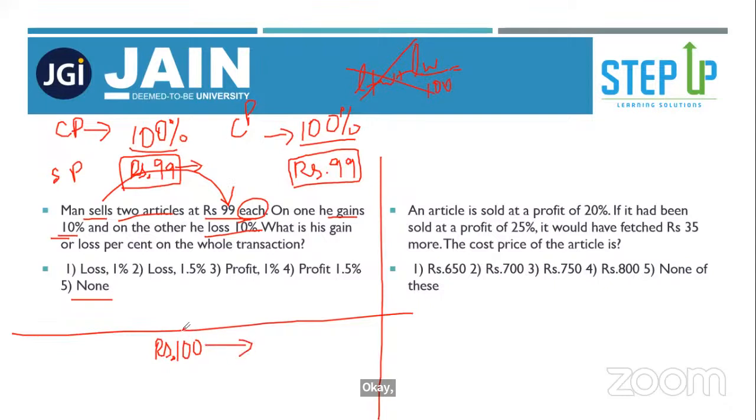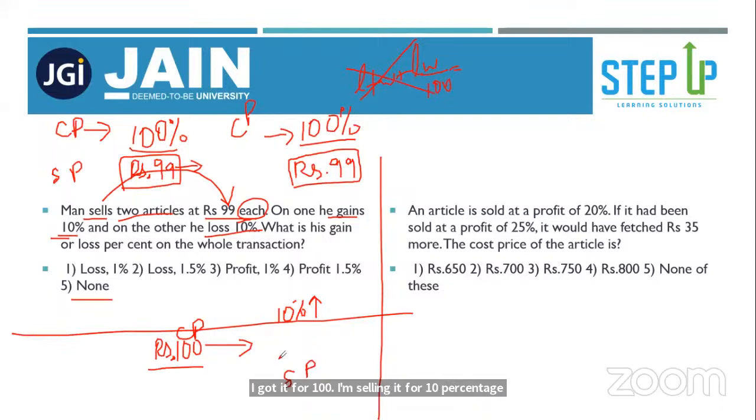I got it for 100 rupees, and I'm selling with 10 percentage profit. Then how much did I sell it for? I got it for 100, I'm selling it for 10 percentage more. Then what is the selling price? Yes, 110.